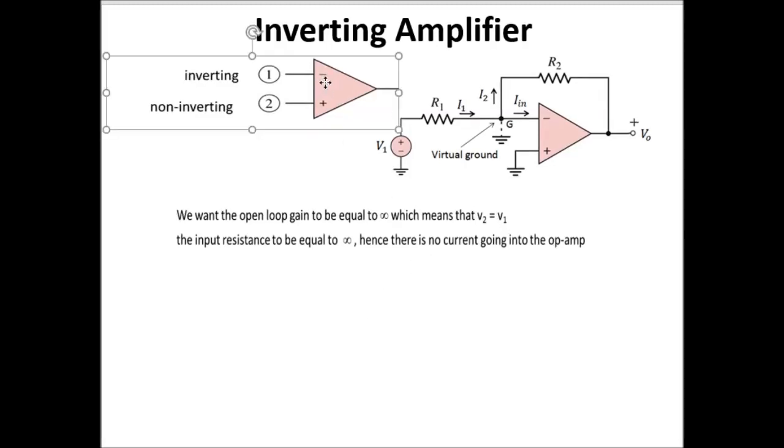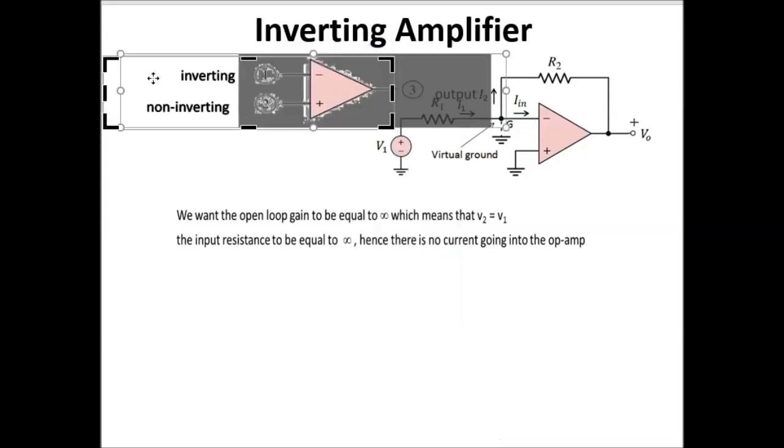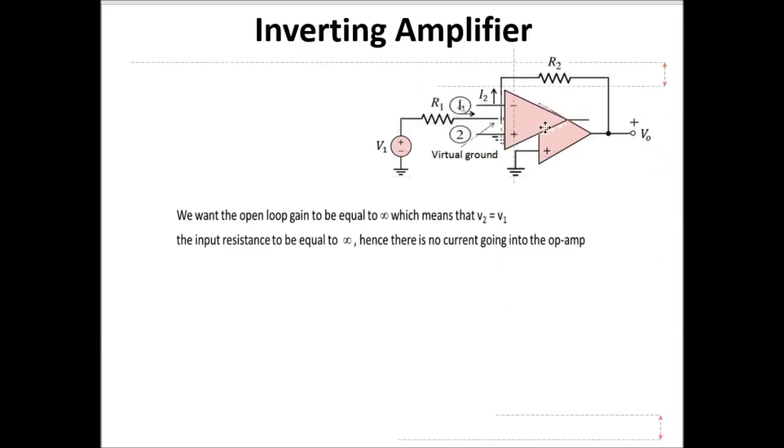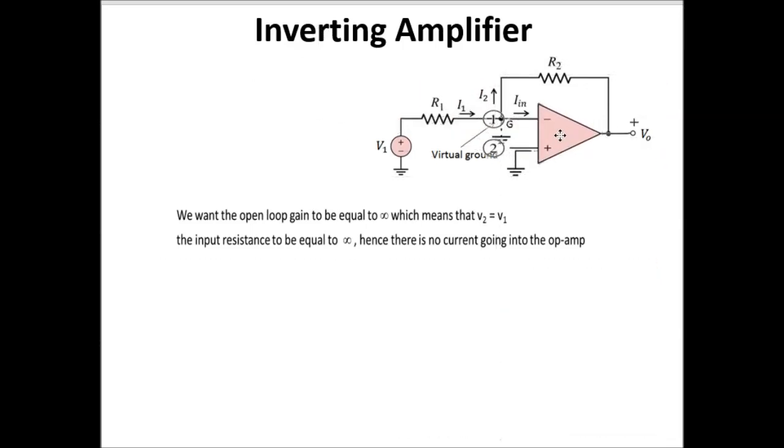So if I want to bring this circuit symbol to overlap with this inverting amplifier configuration, I'm gonna crop this and make it smaller. If I overlap this, you can see terminal 2 is at this part and your terminal 1 is here. So to take care of the first characteristic, we want this node to be equal to this node, the voltage.